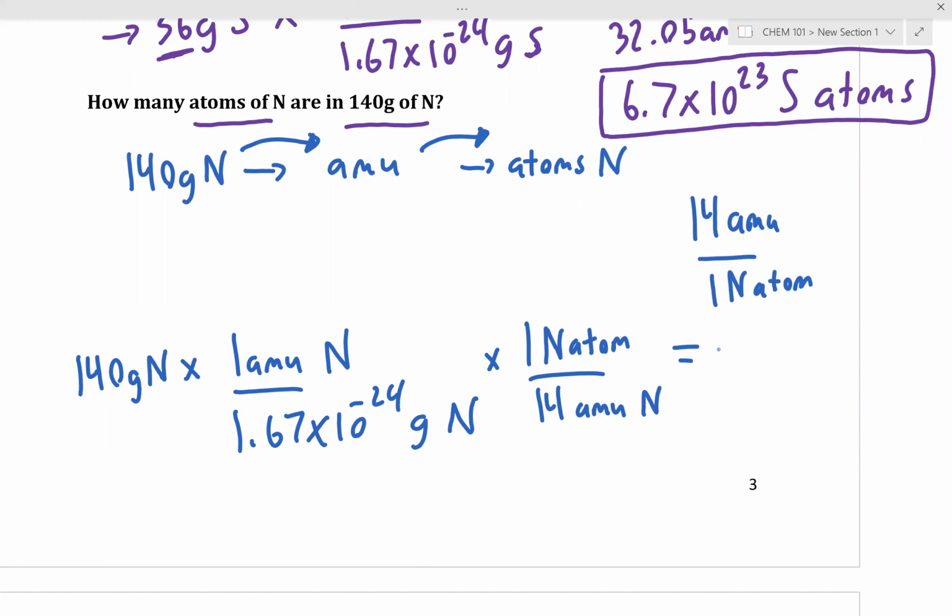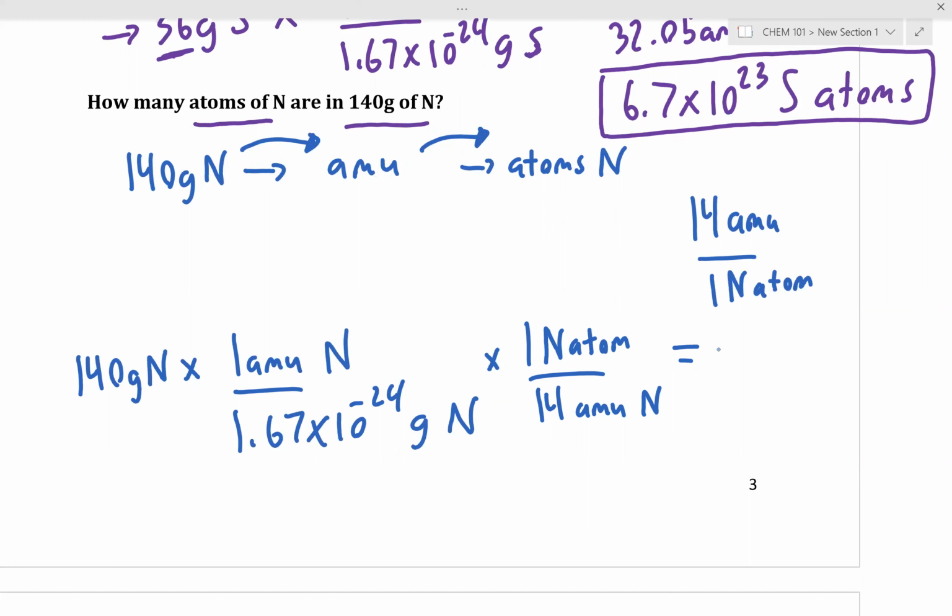So let's do just that. We're going to take 140 divided by parentheses. Then we're going to hit 1.67 EE negative 24. Okay, so we've completed the first step of our operation, and we have 8.38 times 10 to the 25th.